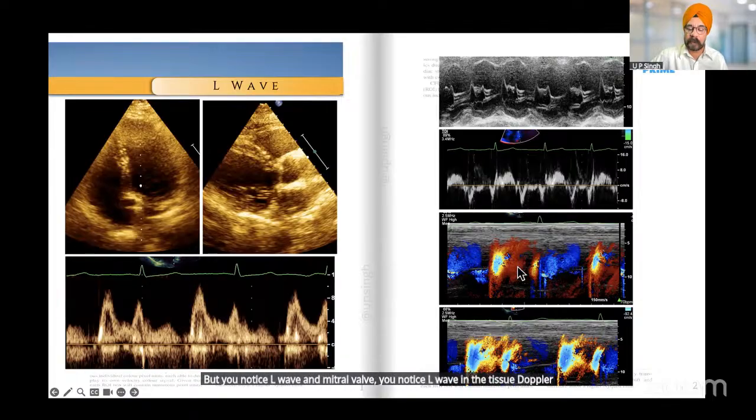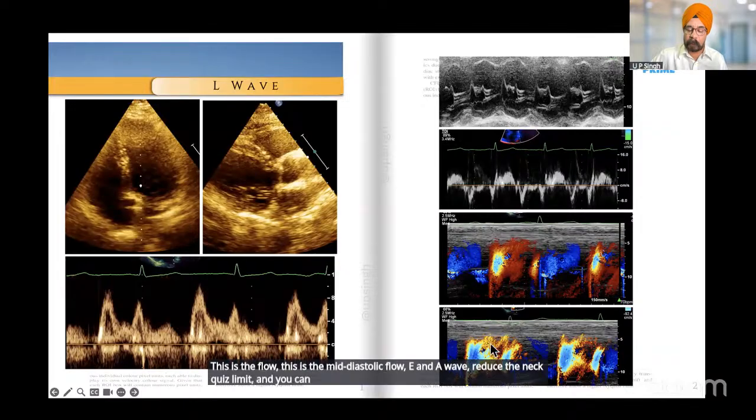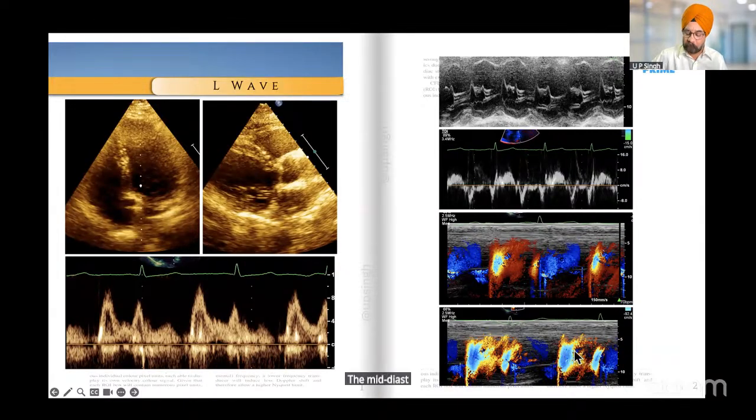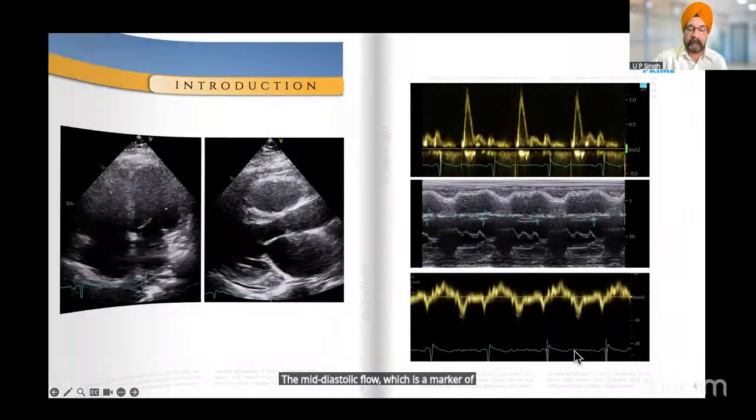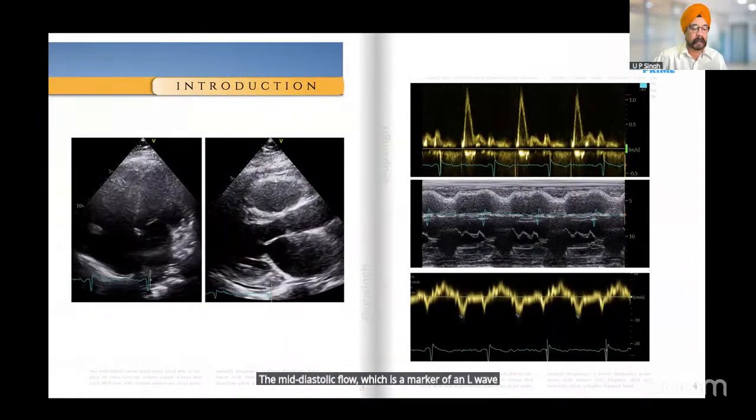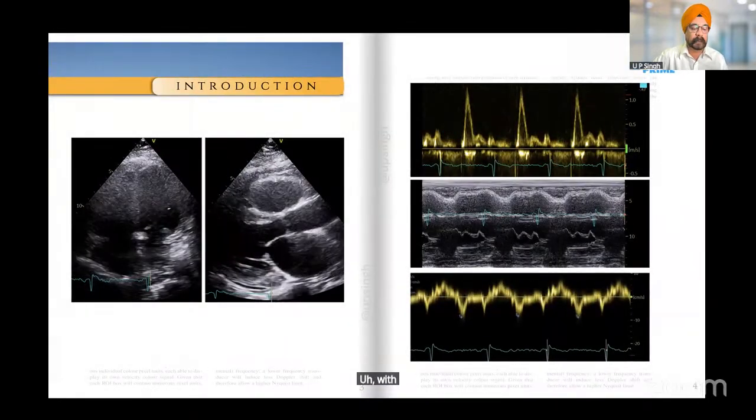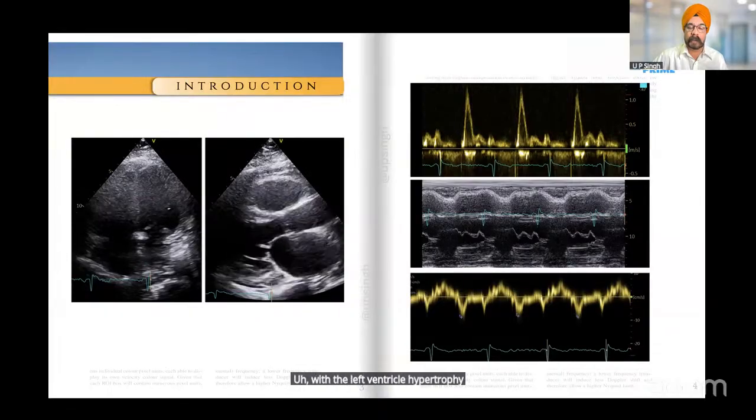This is the flow, this is the mid-diastolic flow. With the E wave and A wave, reduce the Nyquist limit, and you can see the mid-diastolic flow, which is a marker of an L wave. Again, a patient with left ventricle hypertrophy and LA enlargement. And now you see there is an L wave. We notice that the E to E prime ratio is more than 2.